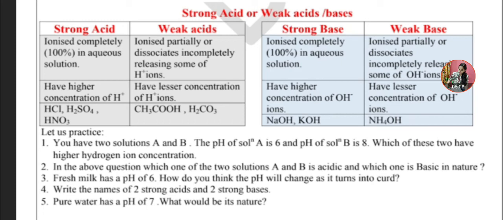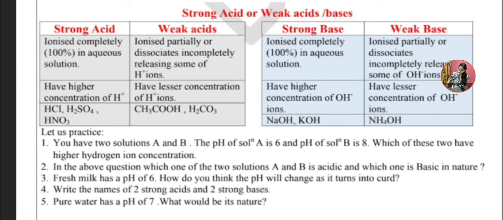Yes, there is a change in the pH because for making curd we have lactic acid, and acids have pH toward the left hand side. If fresh milk has pH 6, then the curd has pH less than 6. So there will be a decrease in the pH.